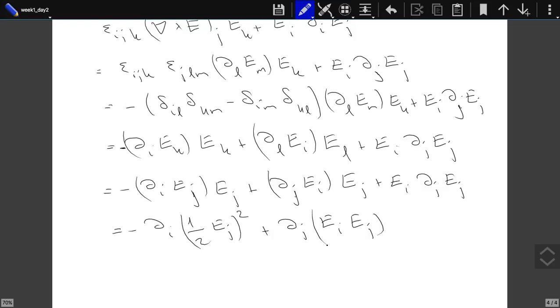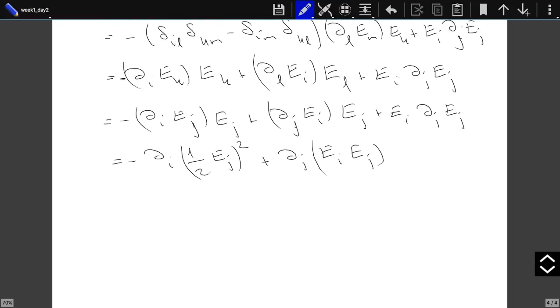This is the total derivative of something, this is the total derivative of something else. Let me just put it in a form that will look nicer. This is equal to minus del I of 1 over 2 E squared plus del J E I E J.